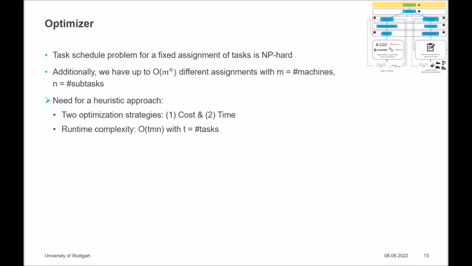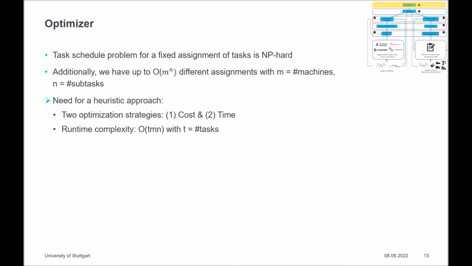Hence, we need a heuristic approach since an optimal solution is impractical. We don't go into detail of this approach, but generally we have two possible optimization strategies, one for optimizing the cost and another one for optimizing the overall time needed. The overall runtime complexity of this approach is T times M times N, with T being the number of overall tasks.